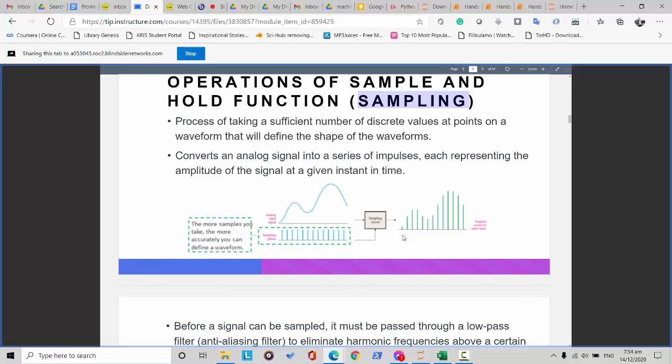For example, every 10 microseconds or every 5 microseconds, we have these points or amplitudes. It says here that the more samples you take, the more accurately you can define a waveform. So it depends on the variations of the time, at a given instant of time. So this is a sampled variation of the input signal, given from the analog signal that we have here.